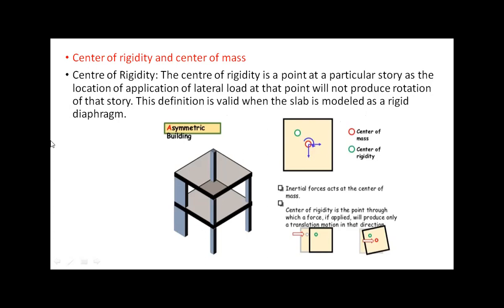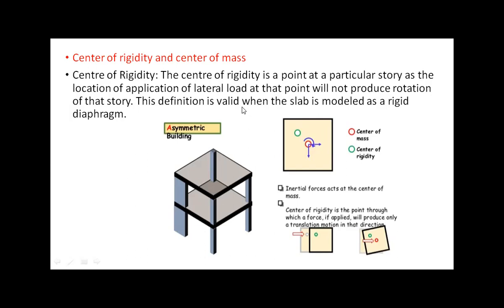Center of rigidity is a particular point on a particular story, the location of application of load at which rotation will not be produced. The point on the particular story where rotation should not be produced is known as the center of rigidity.